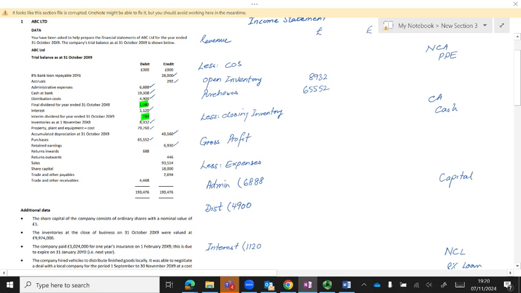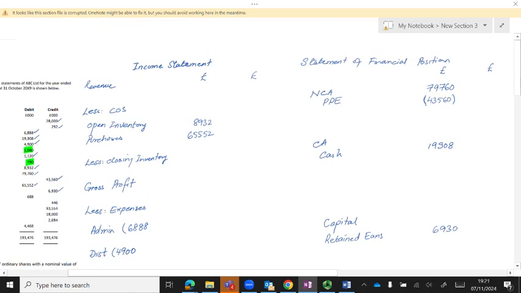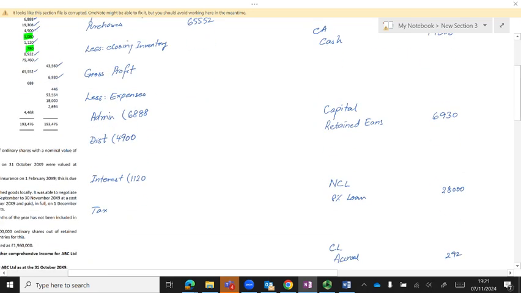Retained earnings for the last year and previous years is 6930. That will become part of my capital. Again, I have written that in the first column, and I'll show you why, because there will be an addition of profit coming from the current year into the retained earnings.